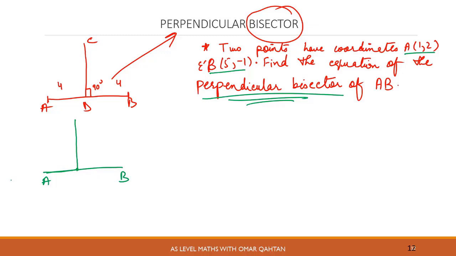So first we will try to find the midpoint of the line AB because we need this point. It could be (x, y), or it could be anything. The strategy is to find the midpoint first. First you have to find the midpoint of the line. Then you have to find the perpendicular gradient.